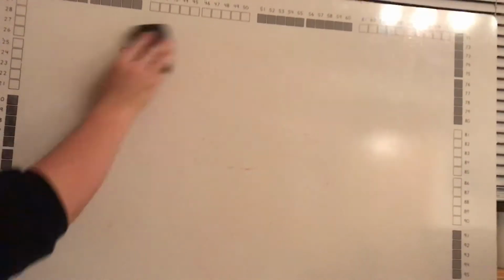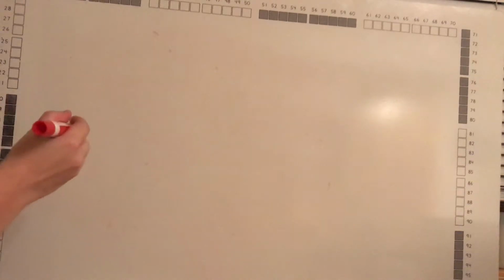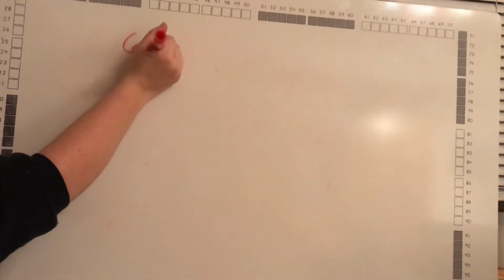Okay, so our first example problem, besides the word problem at the beginning, is during exercise, Sonia's heart beats 675 times in 5 minutes. So 675 beats divided by 5 minutes.